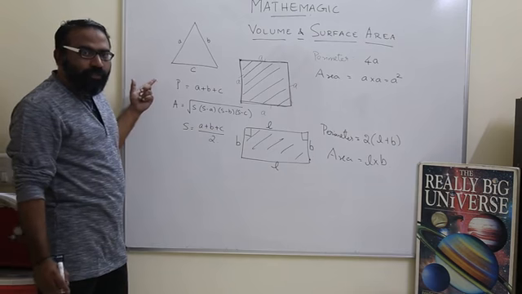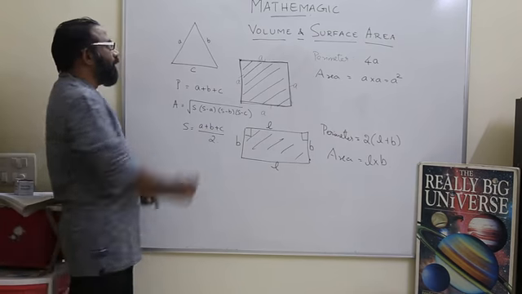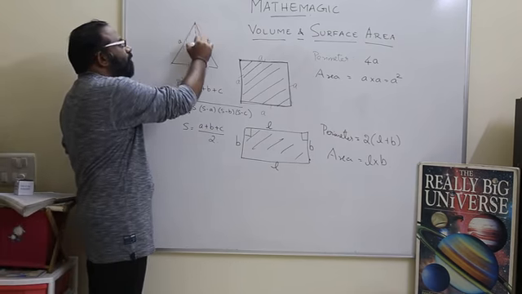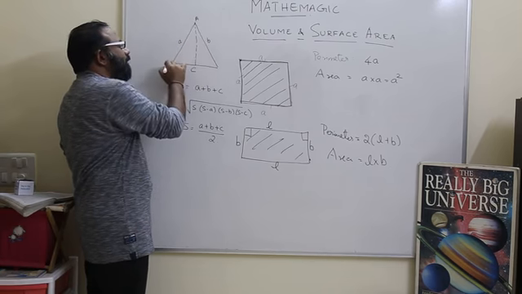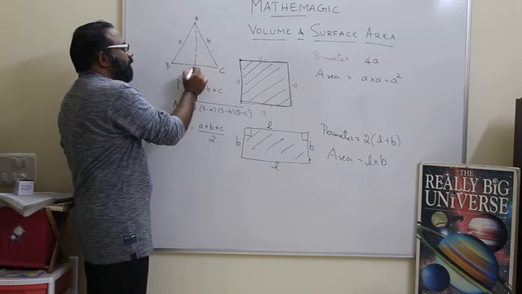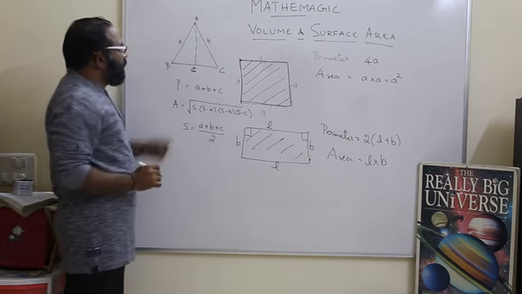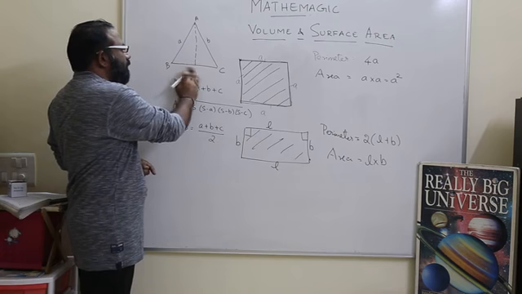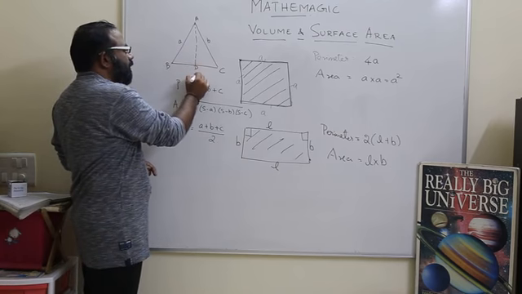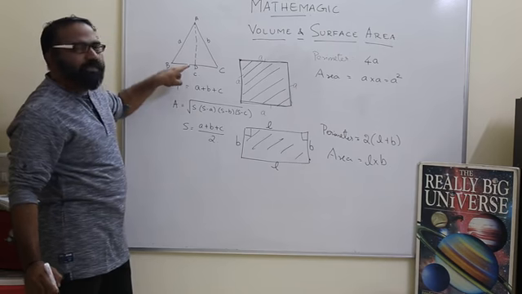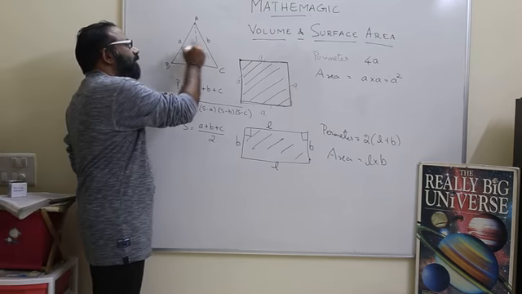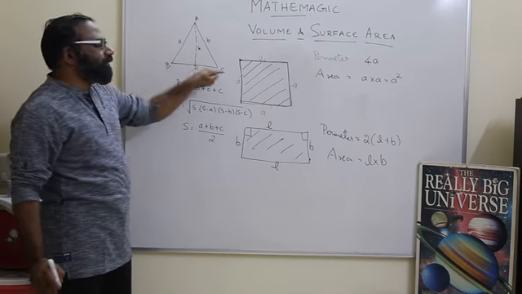The other formula that we know to find the area of a triangle, if we are given the height: from this vertex, let's say this is ABC, this is small c. From here, this is D, this length is C. So AD is the height of this triangle and BC is the base.